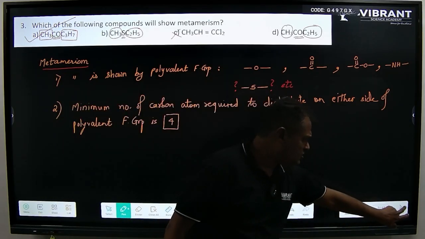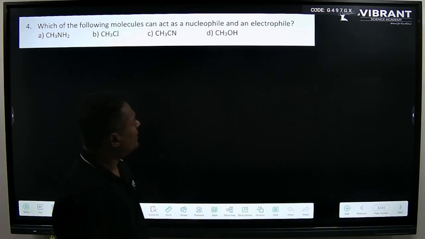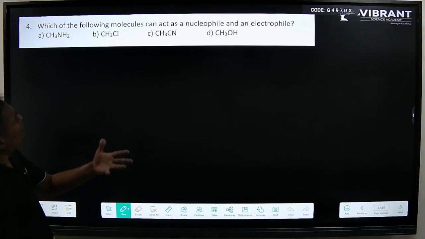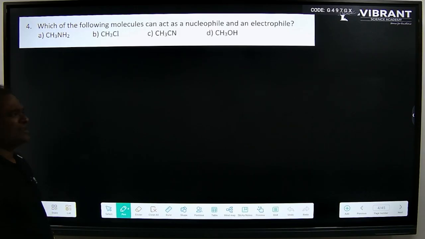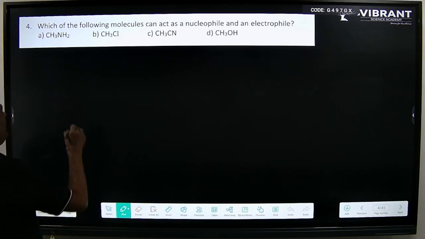Let us proceed to the next question. Which of the following molecules can act as a nucleophile and an electrophile? Now, there is a certain thought process you should know: the atoms or a group which have a lone pair.